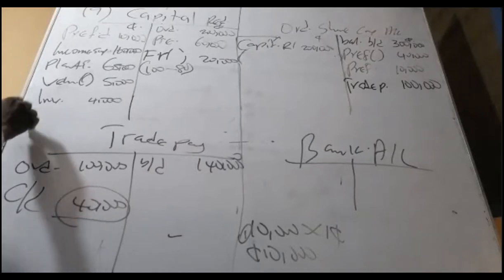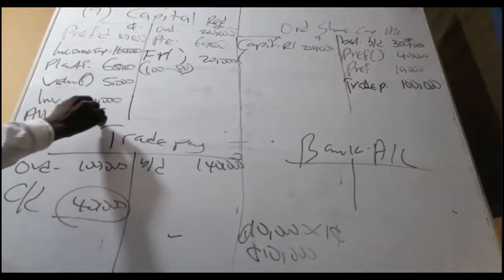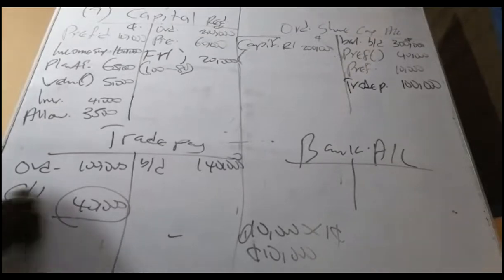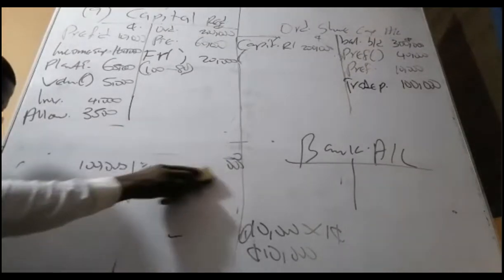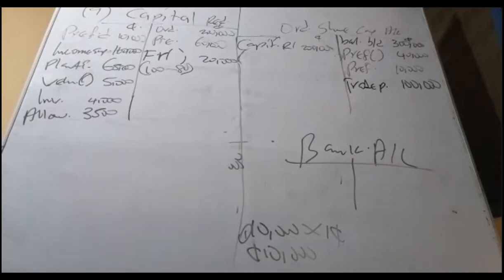So the allowance or provision is 3,500. Then it will go to receivable.